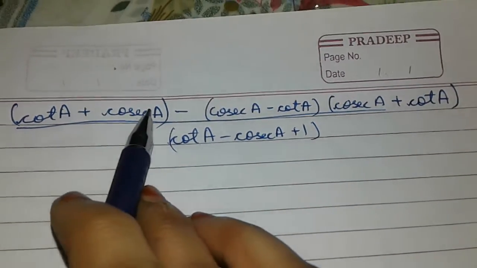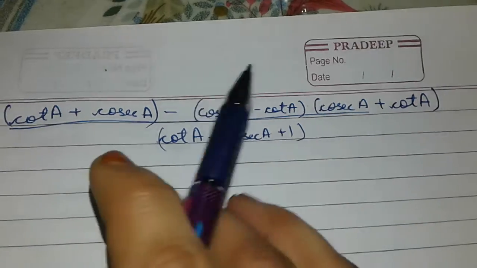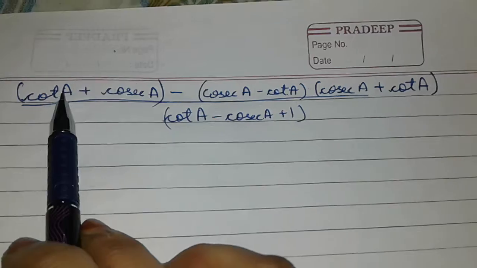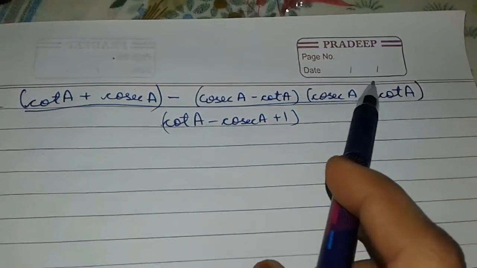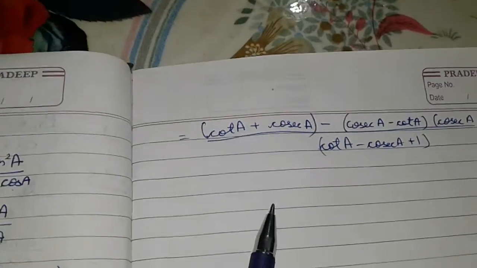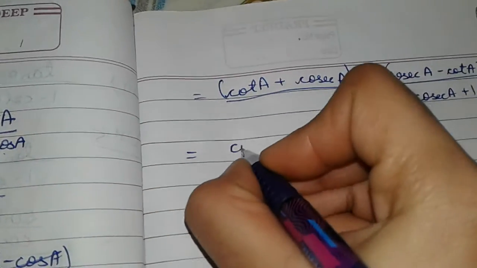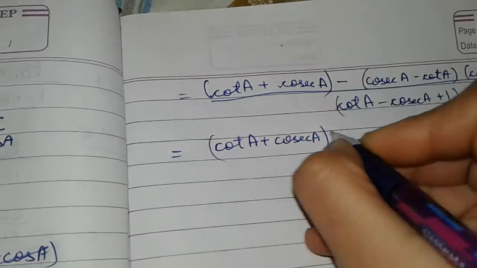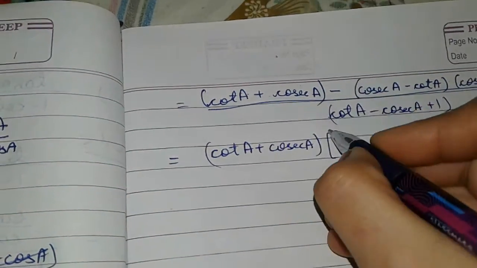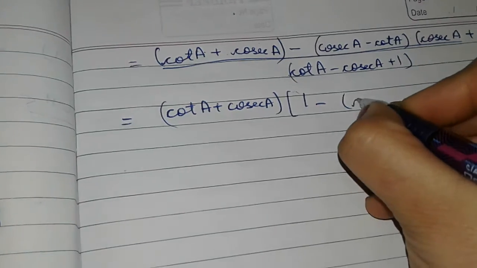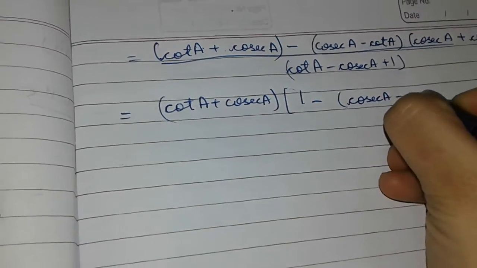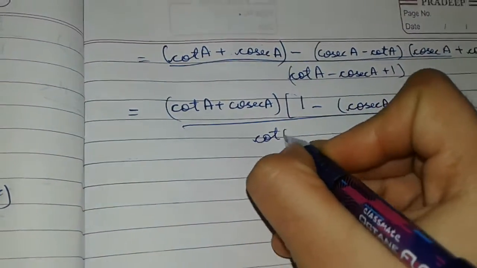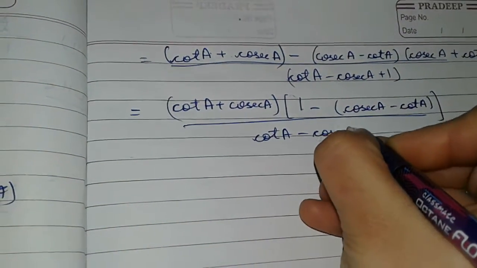Now take cot A plus cosec A from these two terms as common, that is one term is this and the other term is this, between minus. It will be like that: cot A plus cosec A, and here it will come 1 and here it will be minus cosec A minus cot A. Okay, and in the denominator it is cot A minus cosec A plus 1.